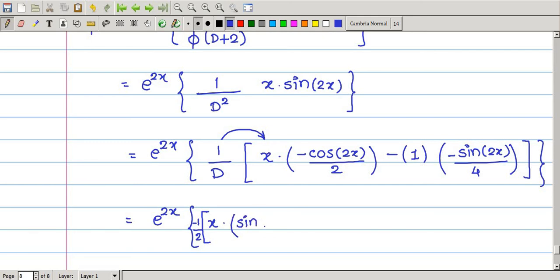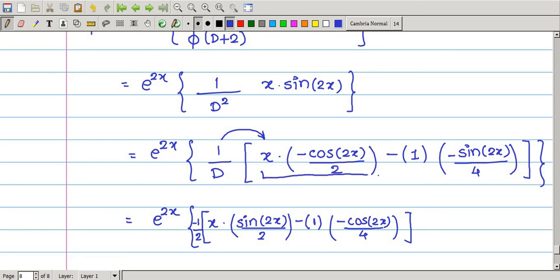Integration of cos 2x will be sine 2x upon 2, minus derivative of x into integration of sine 2x, which will be minus cos 2x upon 2 into 2. So this is integration of the first term. Then minus minus becomes plus 1 upon 4 as it is. Now we take integration of sine 2x, which is minus cos 2x upon 2.